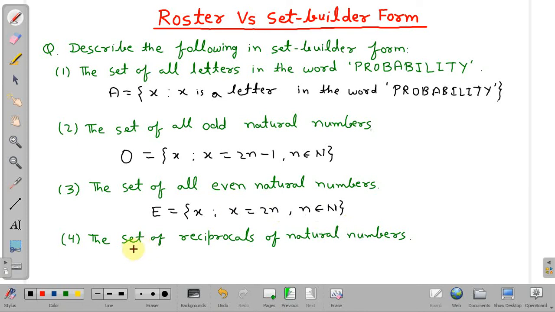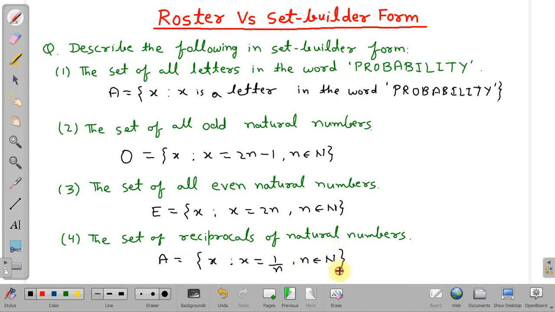Next one, the set of reciprocals of natural numbers. How can we define it? We will define set A equal to X such that X equal to 1 by N and N is an element of natural numbers.